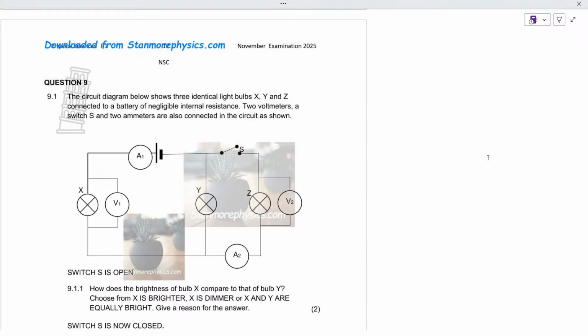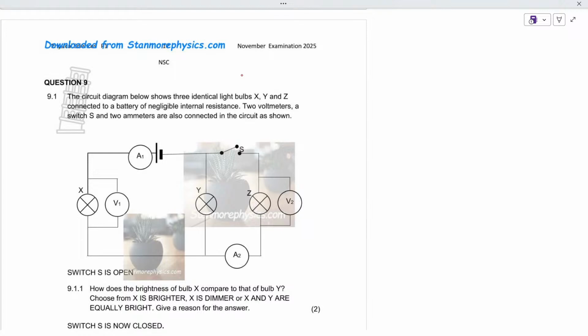How will the brightness of bulb X compare to bulb Y? Choose from X is brighter, X is dimmer, and X and Y are equally bright. Give a reason for your answer.